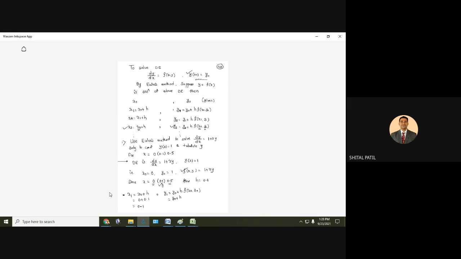Here it is, f of x y is 1 plus x y. So 1 plus x naught y naught. Now what is y naught here? Here we have x naught, here we have y naught. So y naught is 1, h is 0.1, isn't it? 1 plus, what is x naught? 0. What is y naught? 1. Yes, do the calculations. So 1.1.